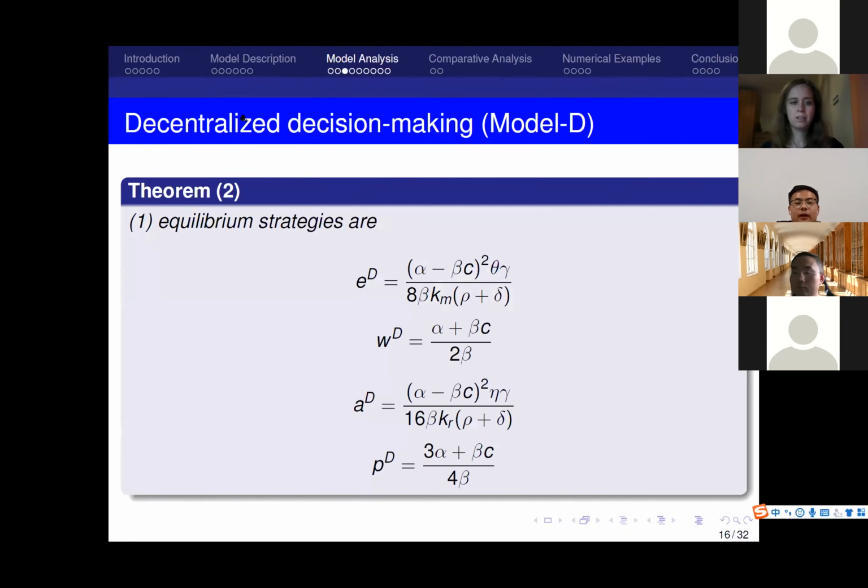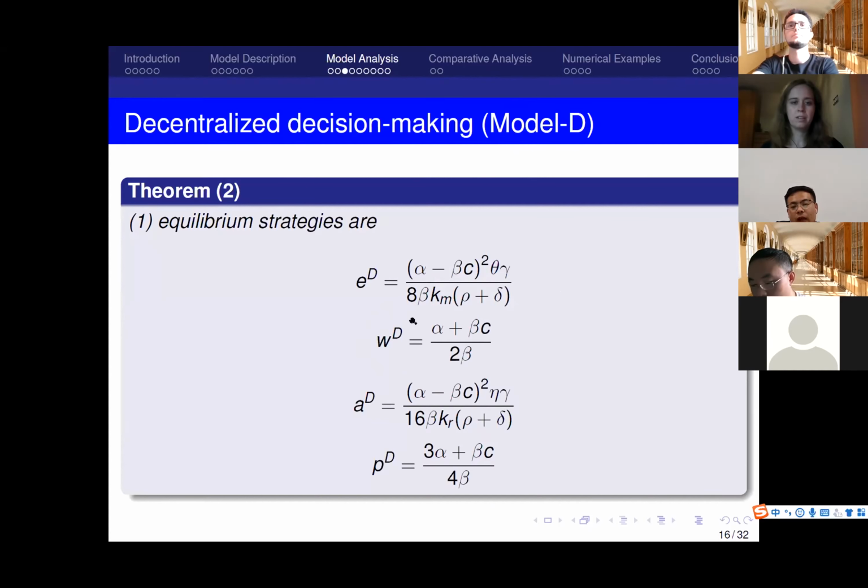Similarly, this is the decentralized decision making. We call it model D. Similarly, these are the equilibrium strategies. In this model, omega_D is the strategy of the manufacturer. This is decentralized.